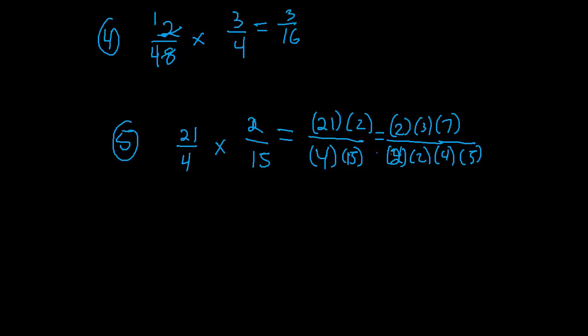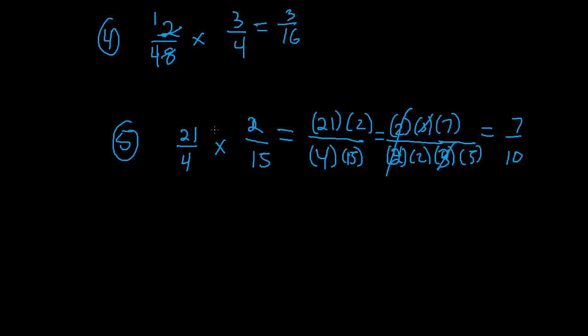Actually, you could write this as 2 squared, but I'm not teaching that lesson yet. So the 2's cancel out, and the 3's cancel out. The denominator is 2 times 5, which is 10. So the answer is just 7 over 10. And that's pretty much how cancellation works.